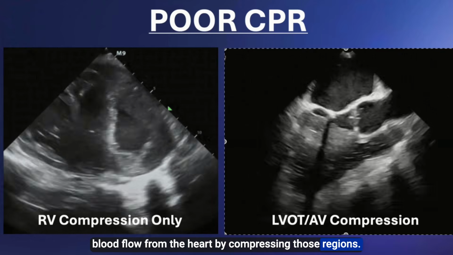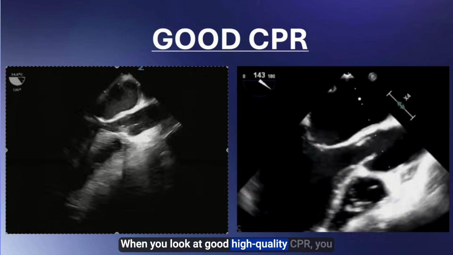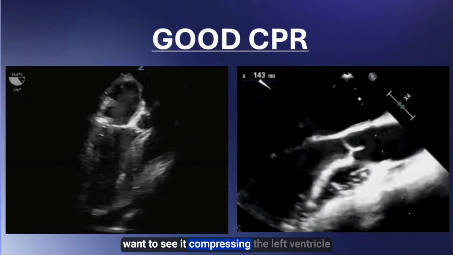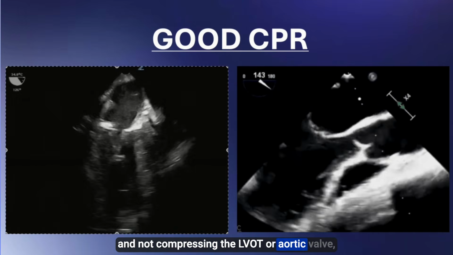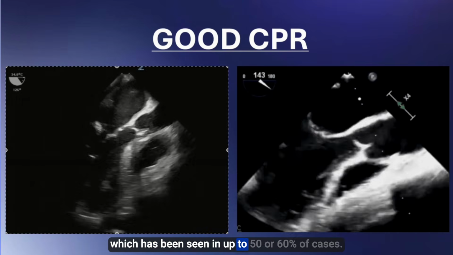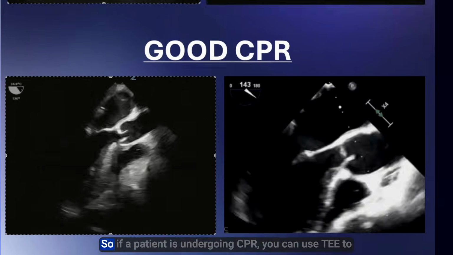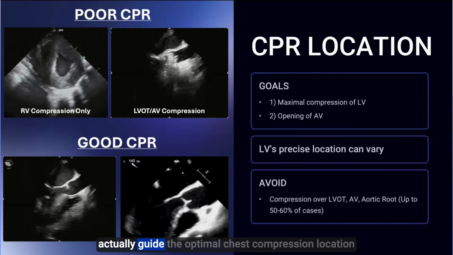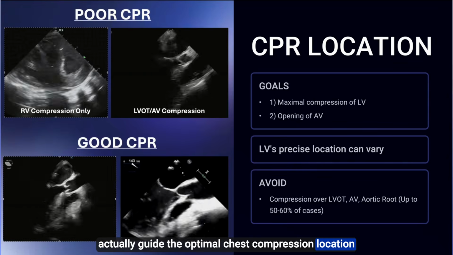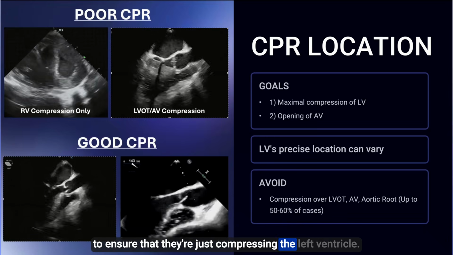When you look at good high-quality CPR, you want to see it compressing the left ventricle and not compressing the LVOT or aortic valve, which has been seen in up to 50 or 60% of cases. So if a patient is undergoing CPR, you can use TEE to actually guide the optimal chest compression location to ensure that they're just compressing the left ventricle.